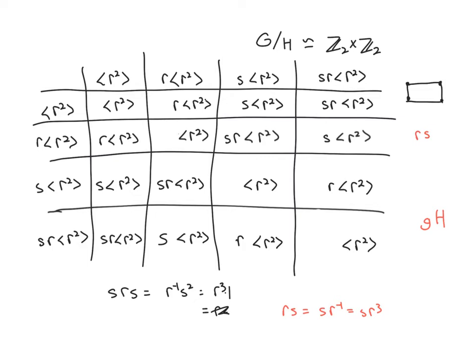But what is rs? Well, it's sr inverse, right? Which is sr cubed. Oh yeah, I have it down here. And if you check our list of cosets, that was an element in the last coset.